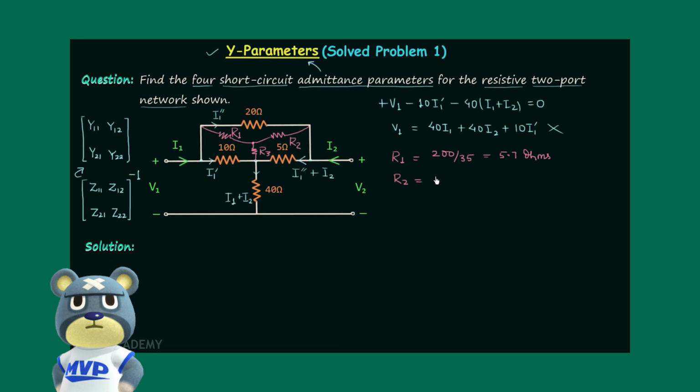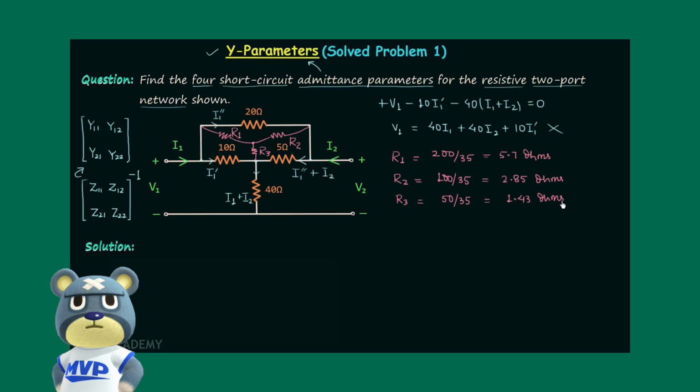So R2 is equal to 100 divided by 35, and it is equal to 2.85 ohms. And now we will calculate our third and last resistance, R3.